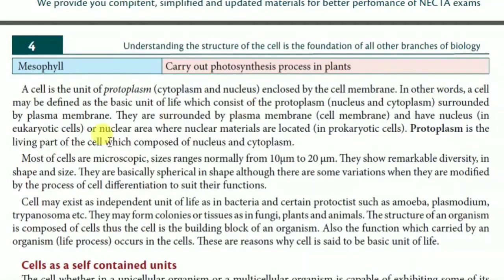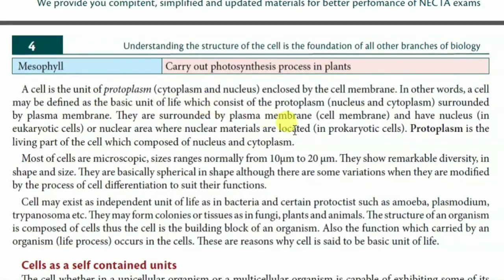In other words, a cell may be defined as the basic unit of life, which consists of protoplasm, that is nucleus and the cytoplasm, surrounded by plasma membrane. So there is no great need for you to memorize this definition. It is simply based on the structure of the cell. That means it is made up of the protoplasm, that is nucleus and the cytoplasm surrounded by the plasma membrane.